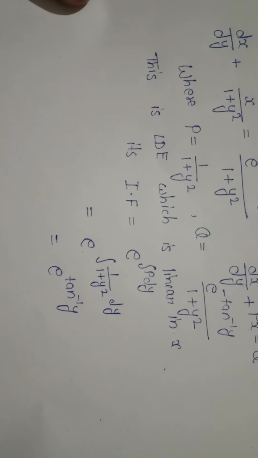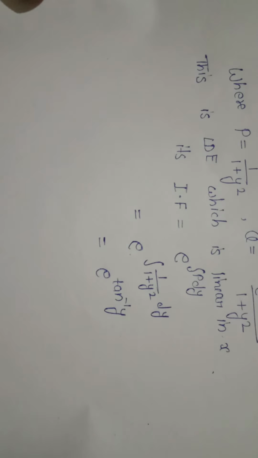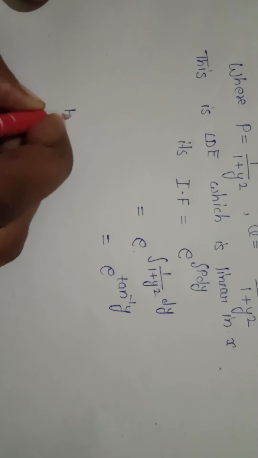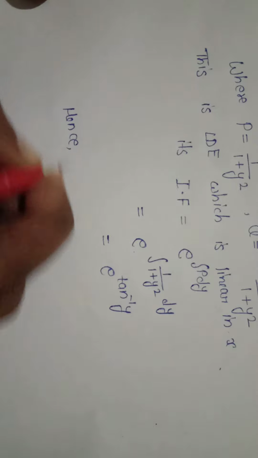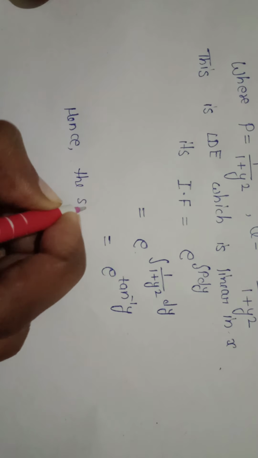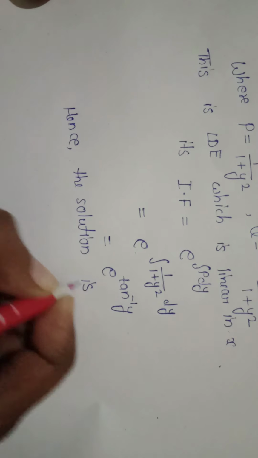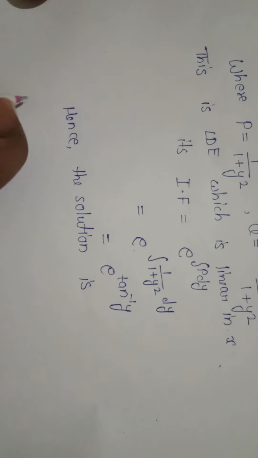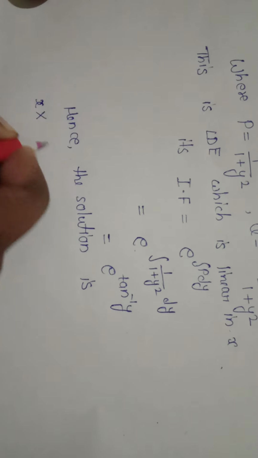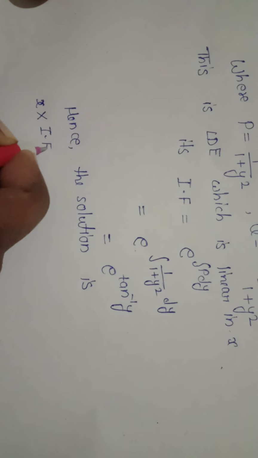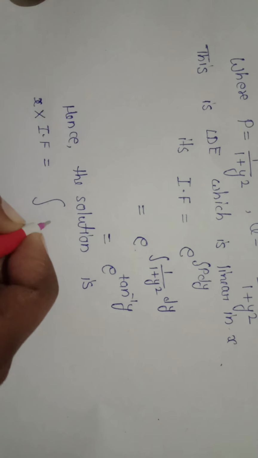Now it's time to write the solution for this differential equation. Hence the solution is, what was the formula for the solution? x, that is the dependent variable, into integrating factor is equal to integral of q into integrating factor.